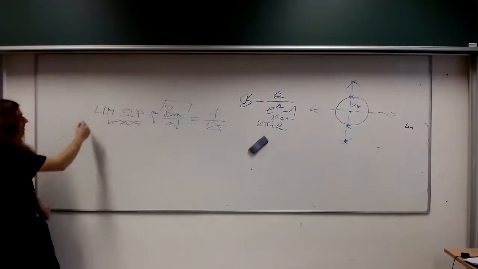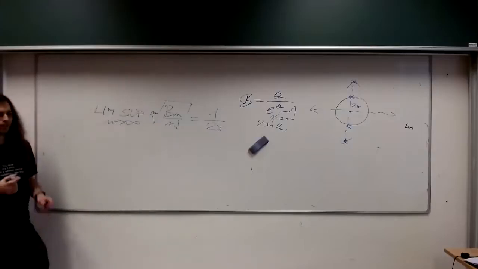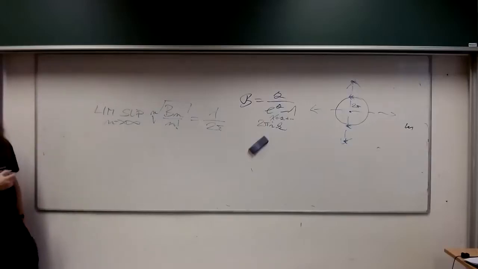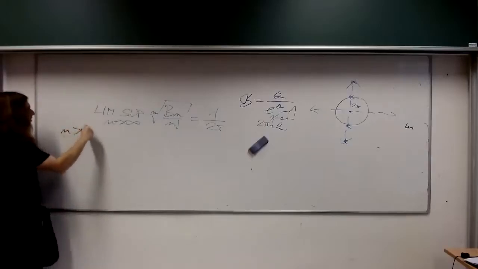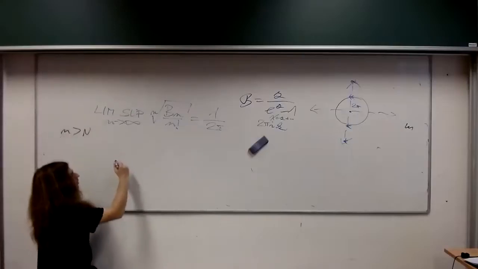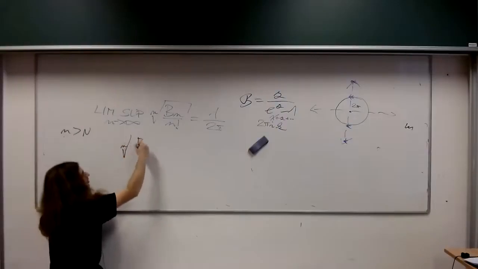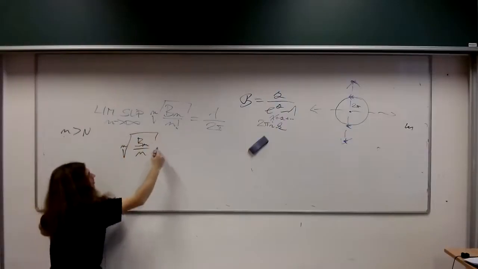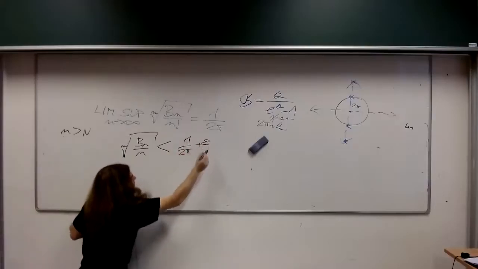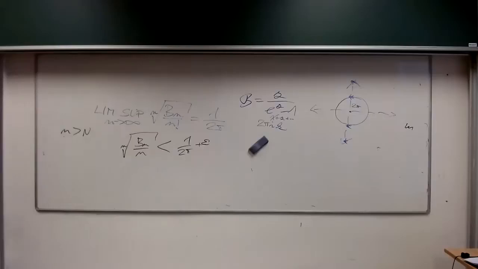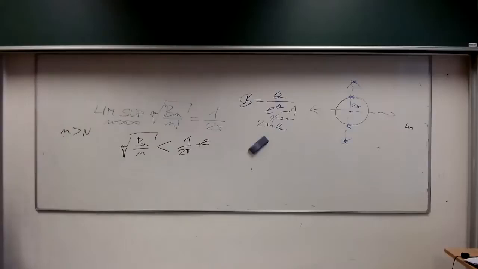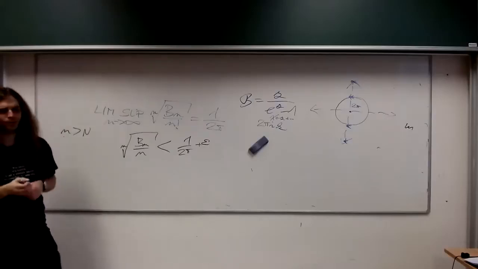So if this is true, then it must mean that if n is sufficiently high, larger than some uppercase N, then we must have this: this is less than 1 over 2 pi plus some epsilon. And of course, this big N and epsilon are just connected by the usual definition of the limit.